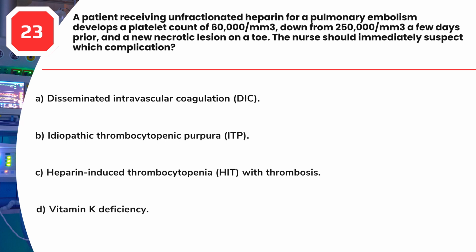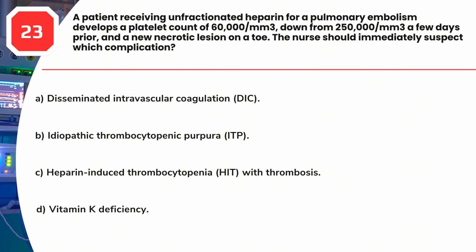Question 23. A patient receiving unfractionated heparin for a pulmonary embolism develops a platelet count of 60,000/mm3, down from 250,000/mm3 a few days prior, and a new necrotic lesion on a toe. The nurse should immediately suspect which complication? A. Disseminated intravascular coagulation, DIC.